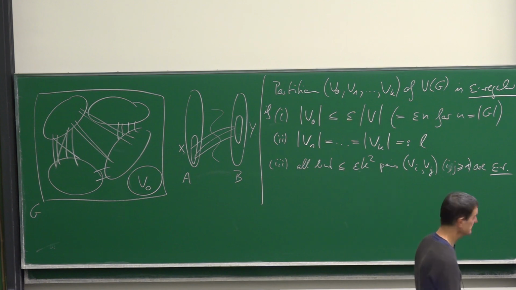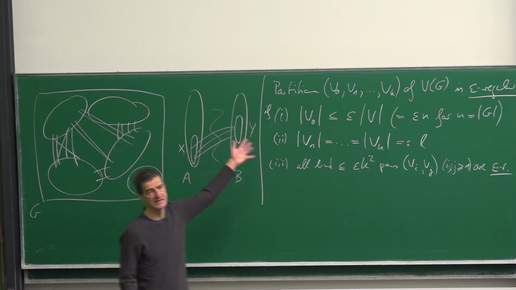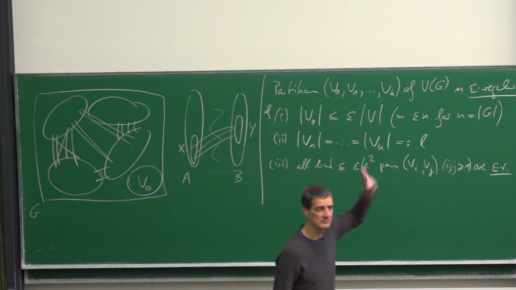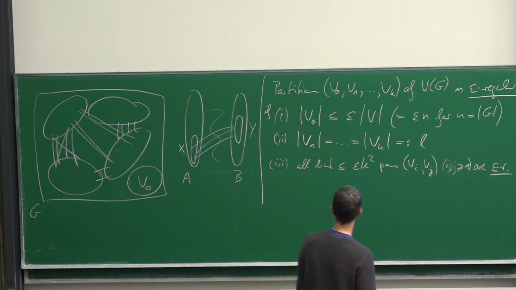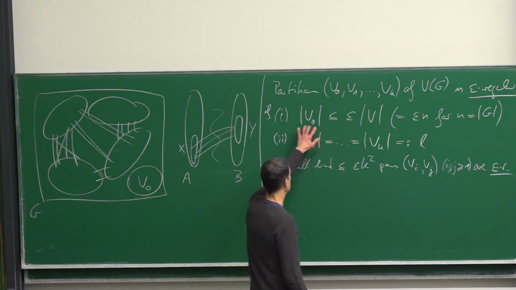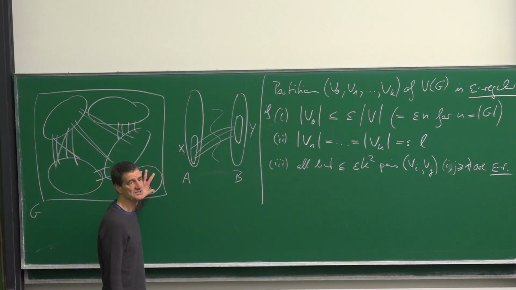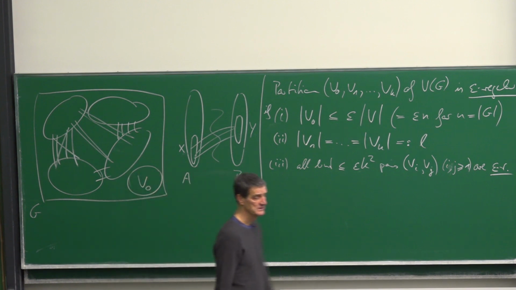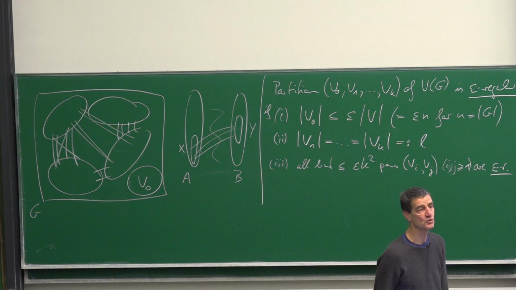Okay, V0 is allowed to be empty. The other Vi are not allowed to be empty. Right? Normally, when we speak of partitions, I always mean partitions into non-empty sets. There's an exception here for V0, which you can think of as the bin of a few vertices about which we can't say anything at all, but there's few of them. And that bin is allowed to be empty if everything works out even more nicely than we had hoped. Okay. Questions about the setup?